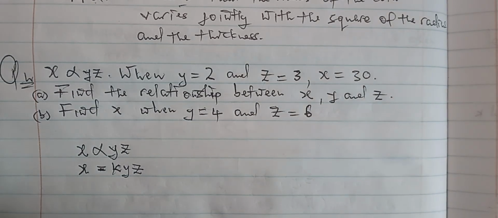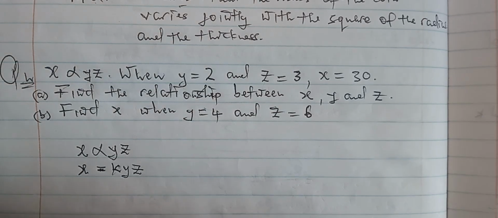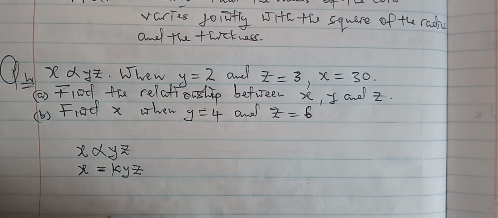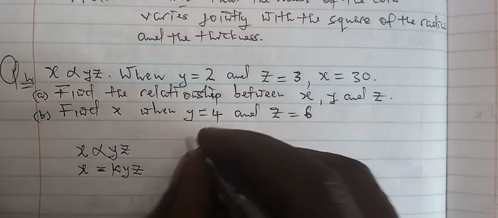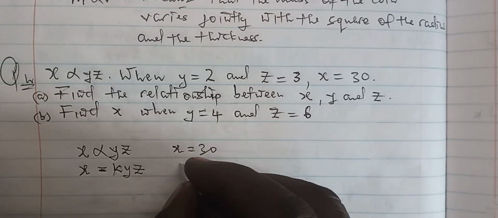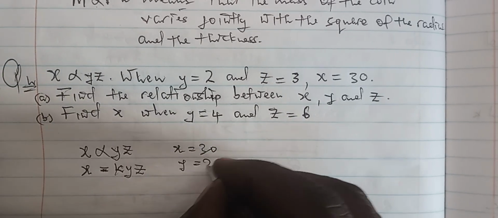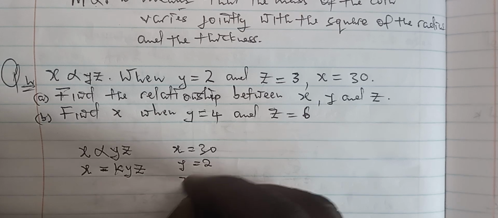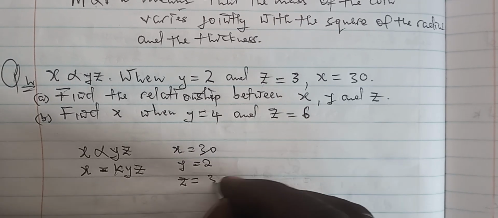After we introduce a constant, we substitute the values that we've been given so that we find the value of k. Here the value of x is 30, the value of y is 2, and the value of z is 3.